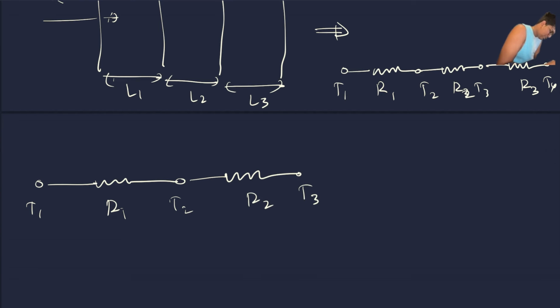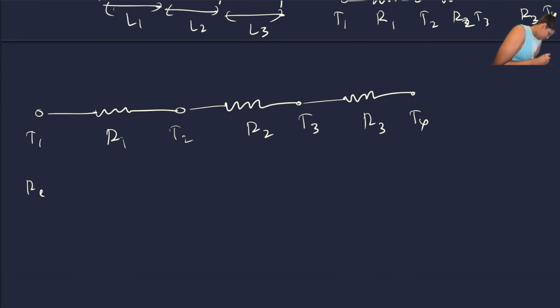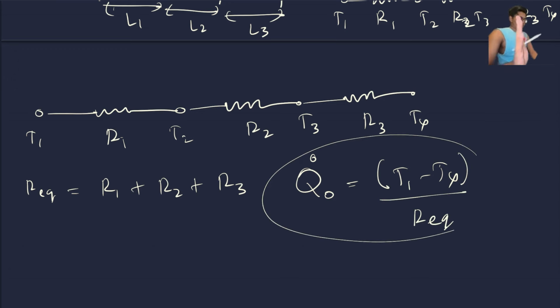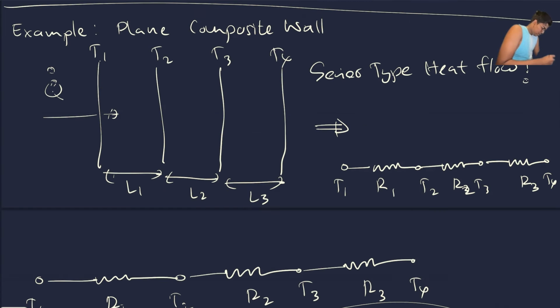As engineering students, I would assume you know the resistance answer: R equivalent is R1 plus R2 plus R3. So we can represent Q dot O as T1 minus T4 divided by R equivalent. Nice, that's the first example for you guys. One thing I forgot to tell you: these are K1, K2, K3. Composite walls will have different thermal conductivities, which is very important to note. It's a practical application.